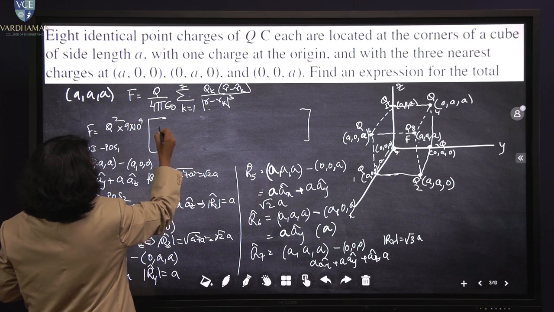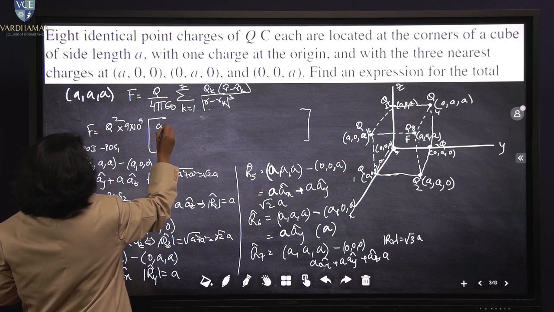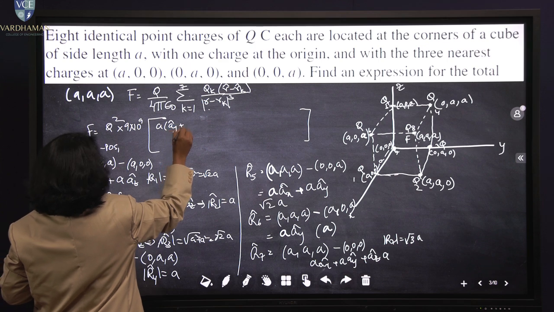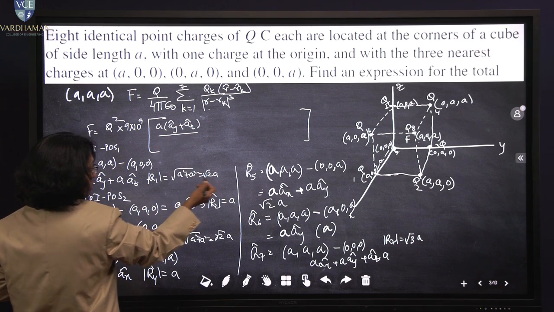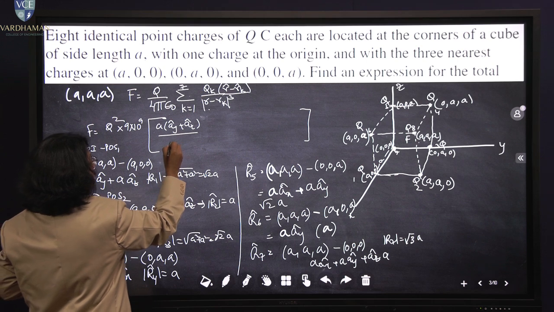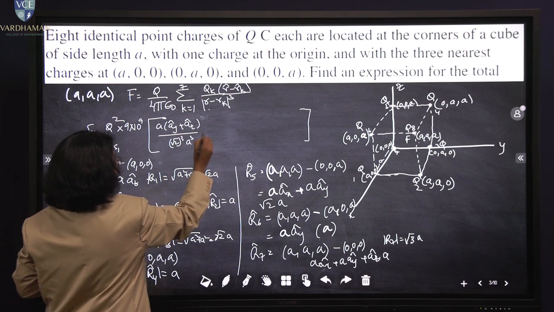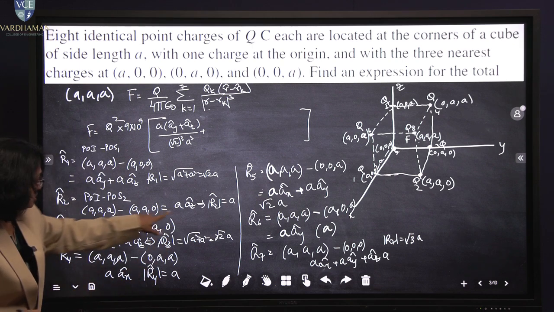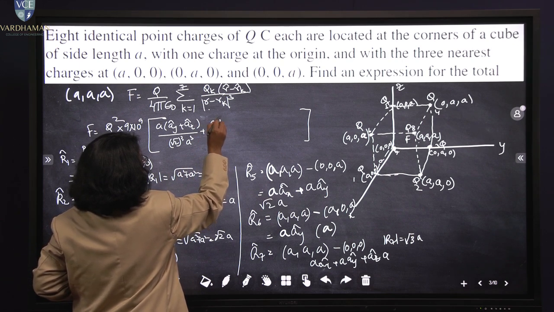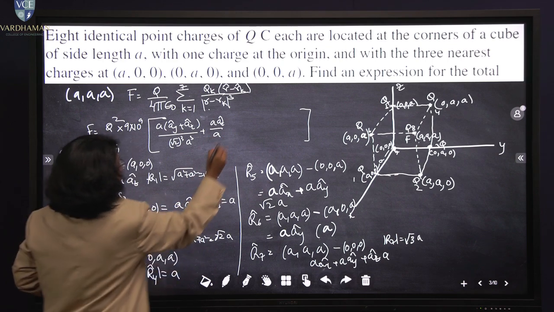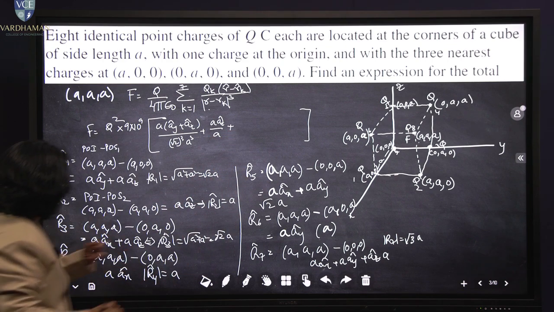R1 vector is a times of ay plus az divided by its magnitude cube, whole cube, right? So it is root 2 whole cube into a cube. Next, R2 distance, it's just az, and its magnitude is a. Next, R3 is here x and z.